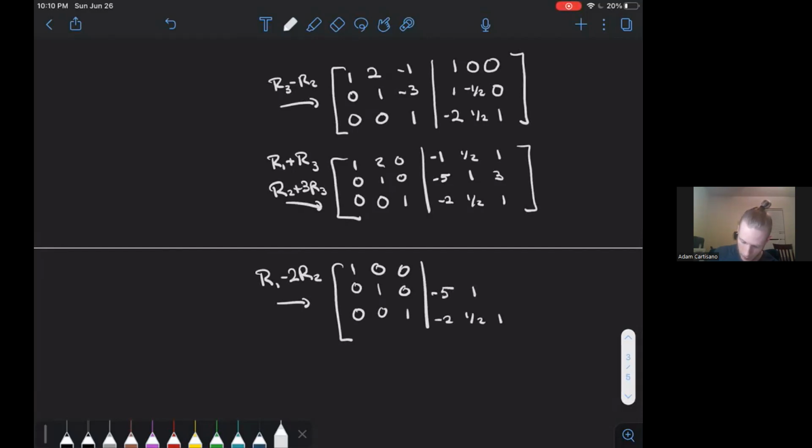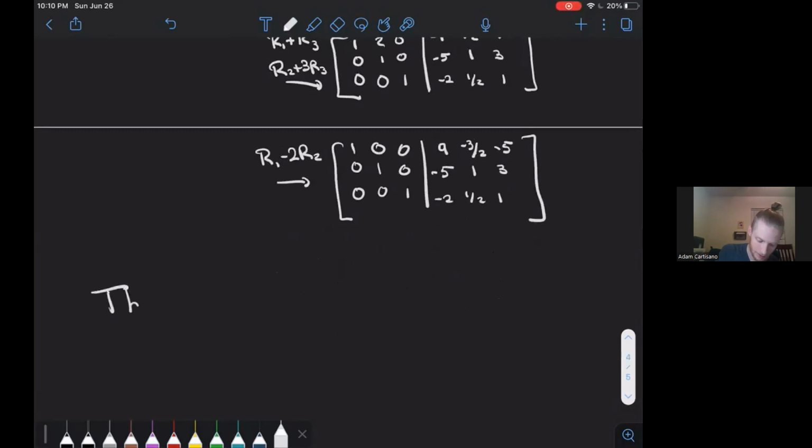The middle row will also stay the same. Negative 5, 1, 3. And then negative 2 copies of the middle row is negative 10 minus 1, which is 9. Negative 2 plus 1/2 is negative 3/2. And negative 6 plus 1 is negative 5.